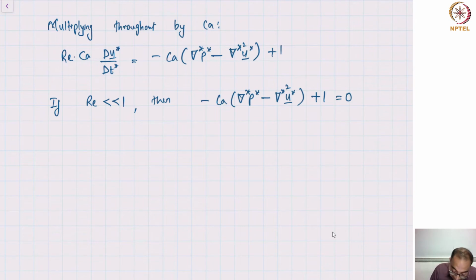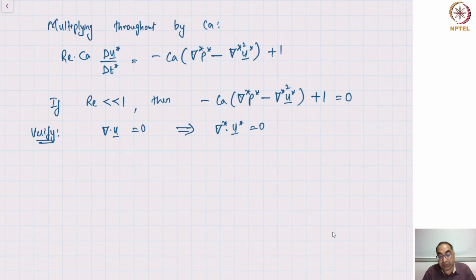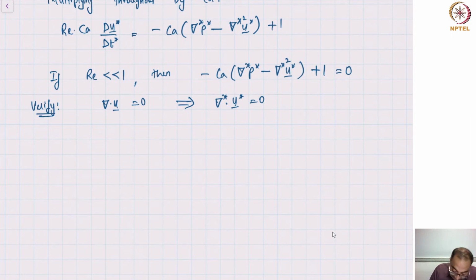One can also verify that the continuity equation del dot u is equal to 0 simply becomes del star dot u star is equal to 0. Right? Now we look at the normal stress balance.